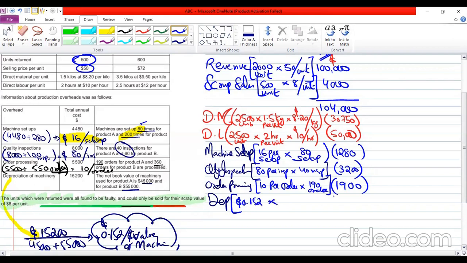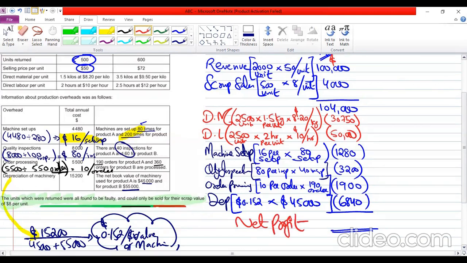0.152 into what is the total worth of machinery installed for product A? 45,000, giving me an answer of 6,840. And that is my final answer. Net profit, how much?